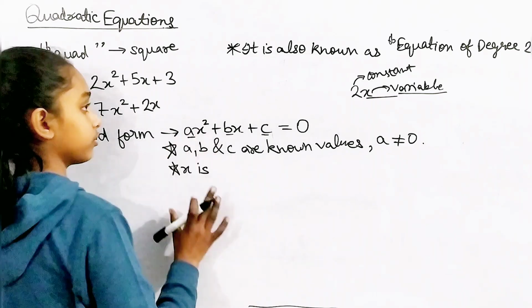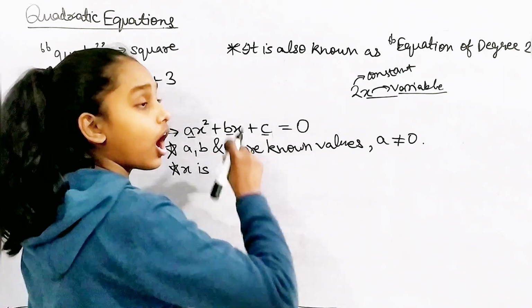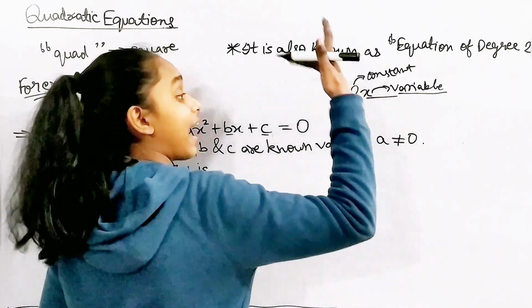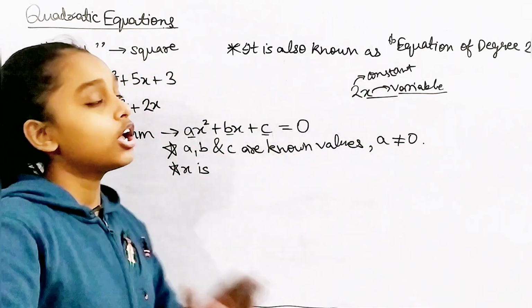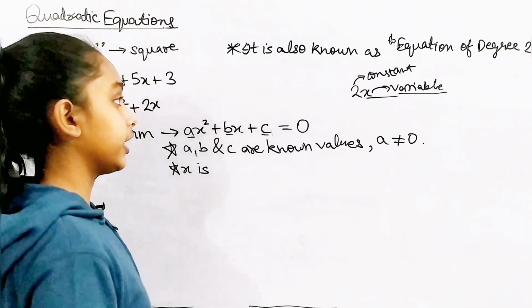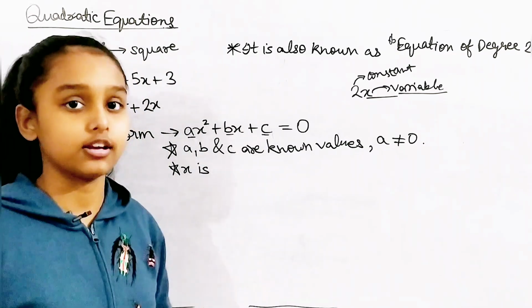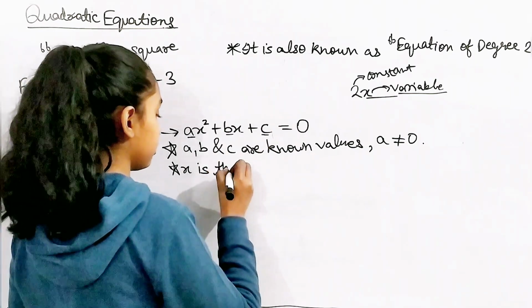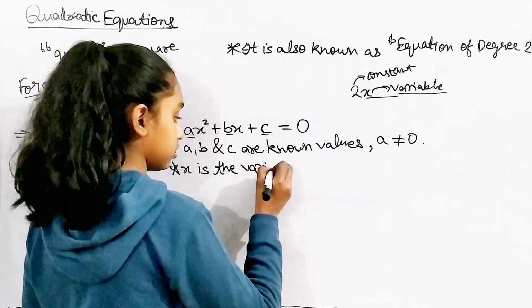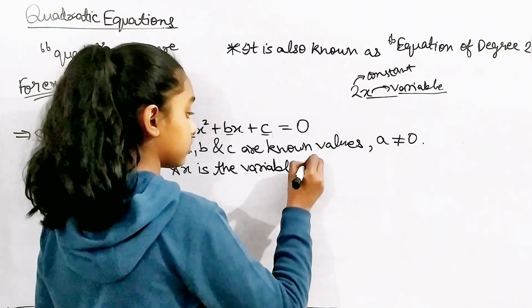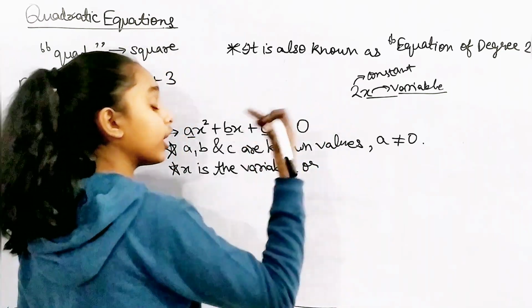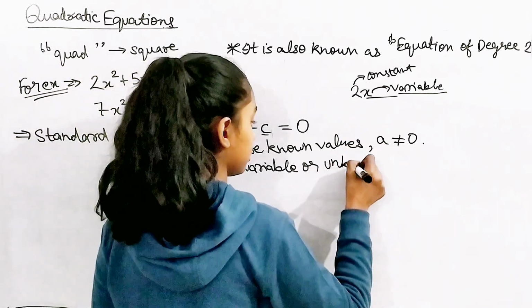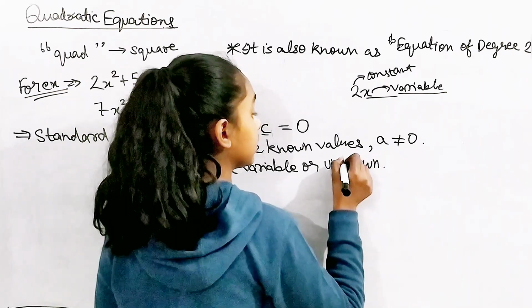But we can't call it the unknown variable, because it doesn't make sense, since we already know that x is actually a variable. Simply, I'm going to write that x is the variable or unknown. That's it. If it's clear, then let's move on.